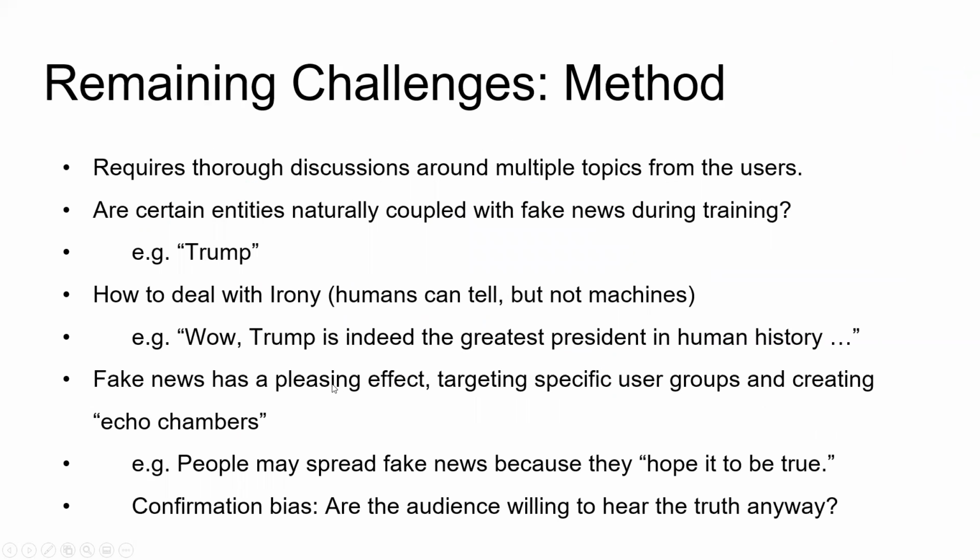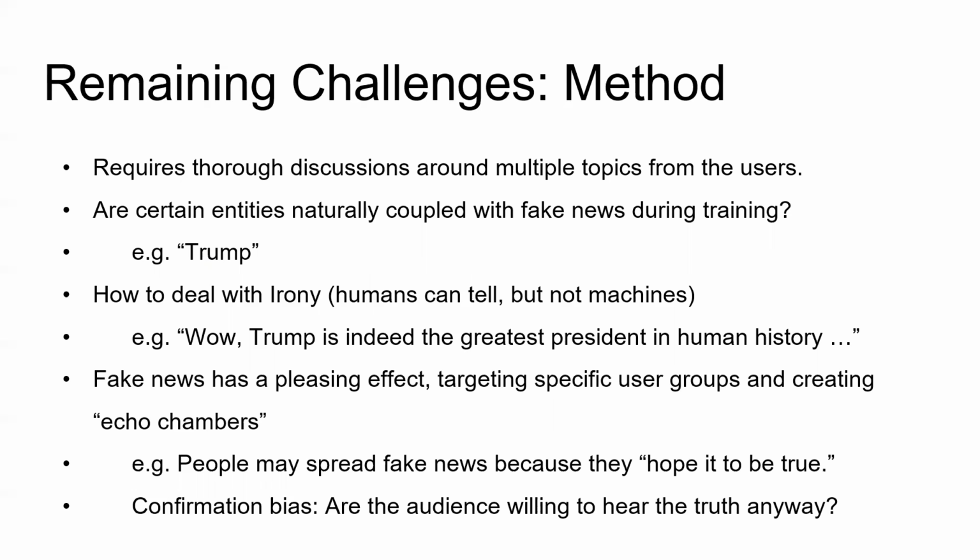So these are some of my remaining challenges and thoughts. Currently, many methods still require thorough discussions around multiple topics from the users. This means that if we want to tackle the challenge of early detection of fake news, then we might also consider those lines of work. The second point is about the bias of current fake news detection methods.